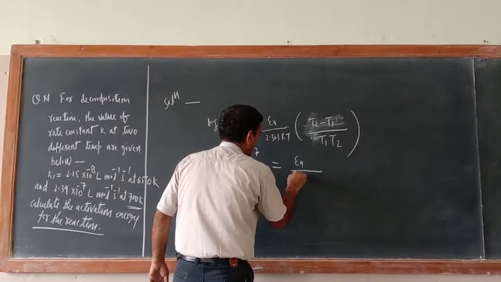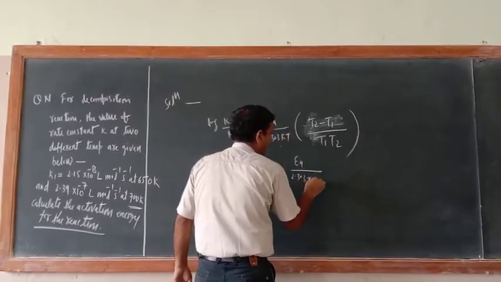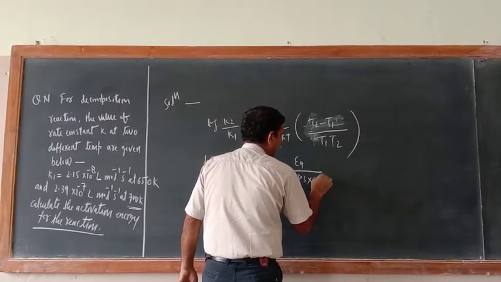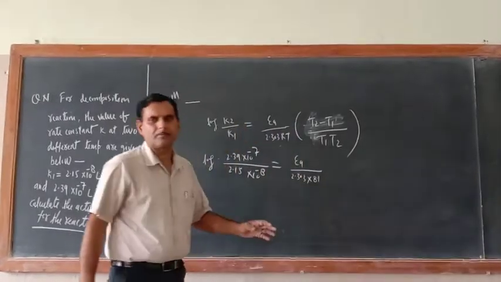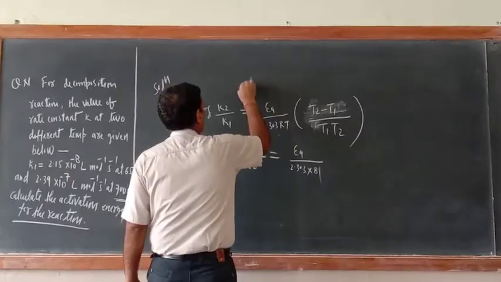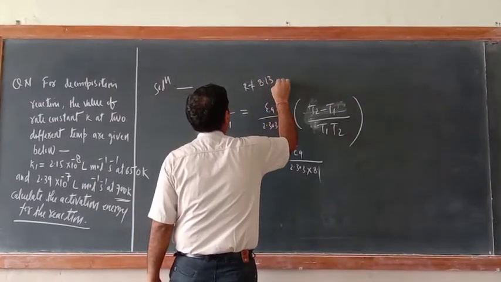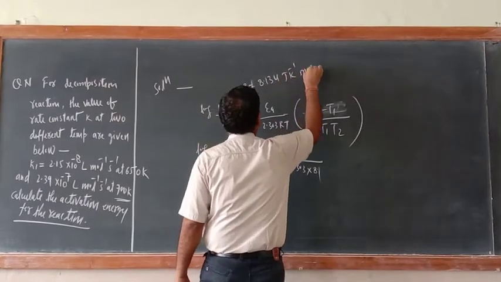Now 2.303, R value we know. R value you will have, R equal to 8.314 joule Kelvin inverse mole inverse.